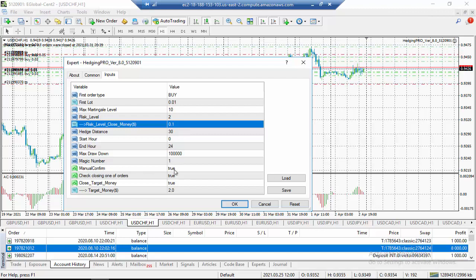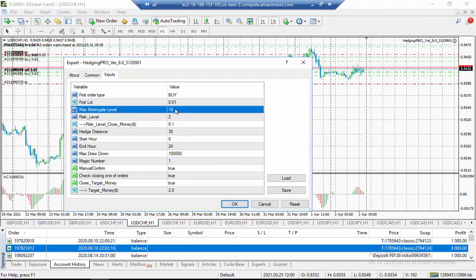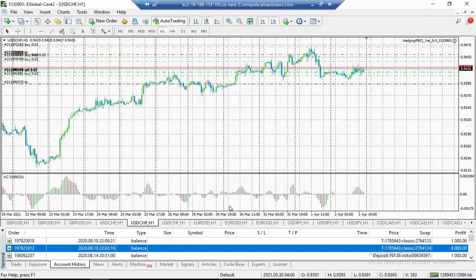I intentionally set it to true because I want the software to close the trade so that I can change this 99 to 10. I realized that I made a mistake, that's why I changed it to true. So I need to check all the parameters again before midnight so that the software can start trading again. Having done this, I will say okay. Then those are the parameters I'm going to use to trade.